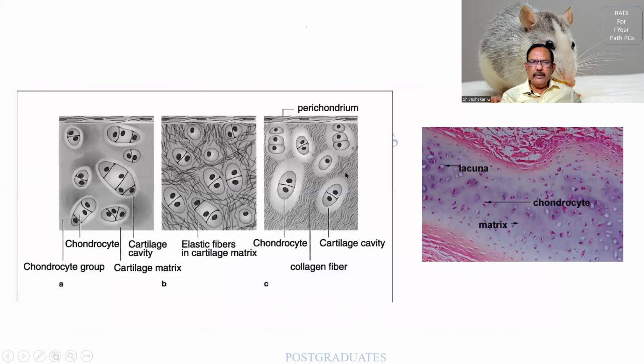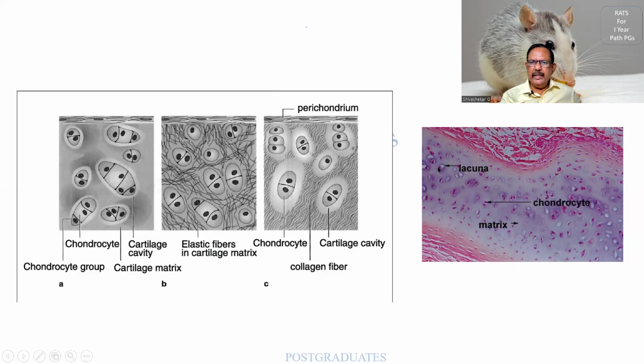There are different types of these cartilages. All said and done, you will be having this kind of configuration: cells in pairs or in even numbers, usually. Again in pairs. So this is called a hyaline cartilage, whereas here it is more of a fibrous cartilage. Look at this blue color.